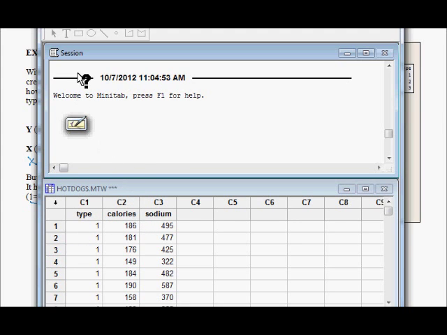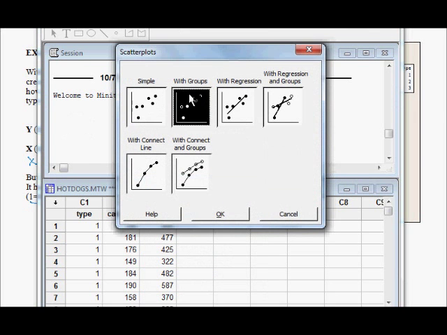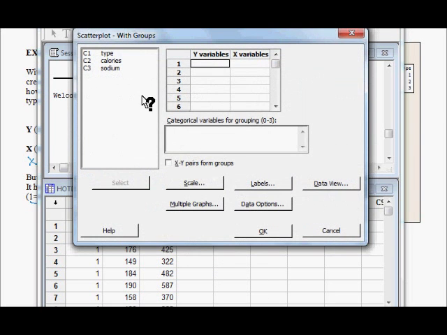And we say we want to do a graph, do a scatter plot. So we're going to do graph scatter plot with groups, because you're going to use the symbols. So we're using the calories as the y, sodium as one of the x's, but now we also want to include type.